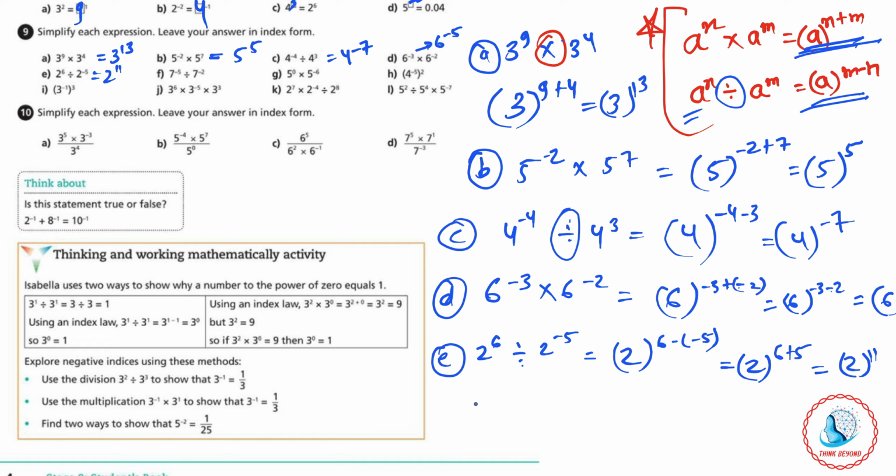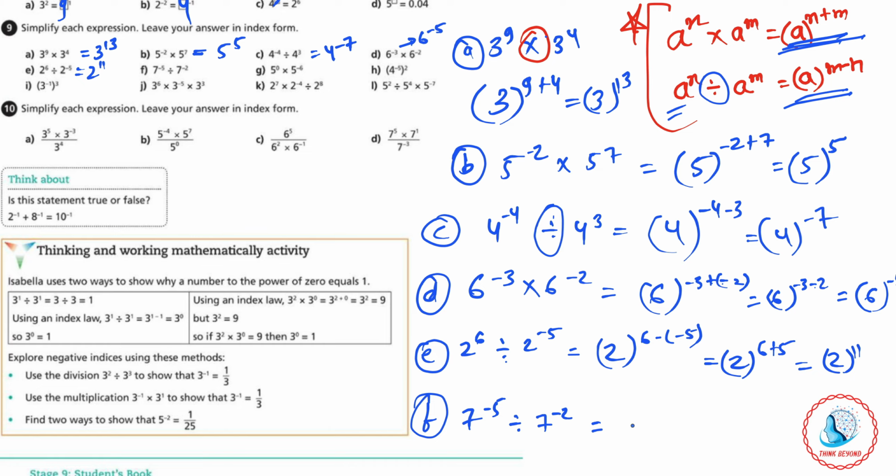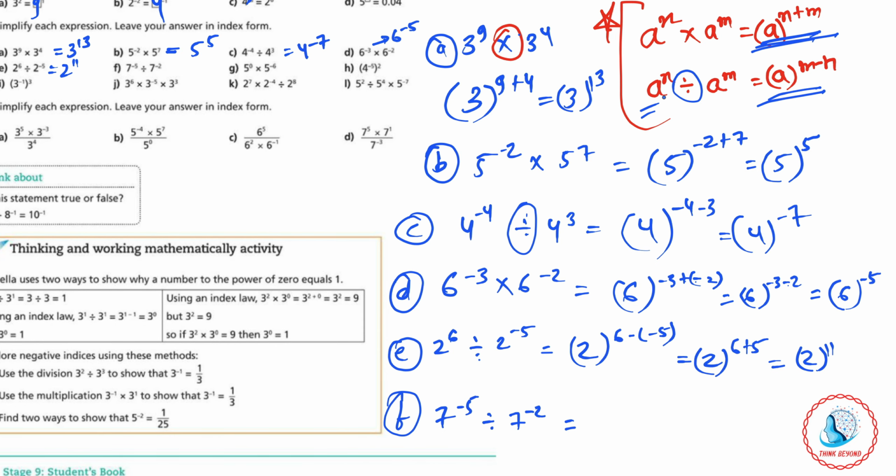Now question number F comes here. Question number F says 7 raised to power minus 5 divided by 7 raised to power minus 2. So second formula is going to be used. So 7 raised to power minus 5, for division minus, and there is minus 2, so we'll write minus 2.